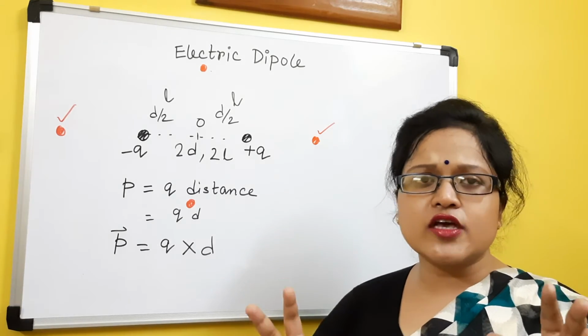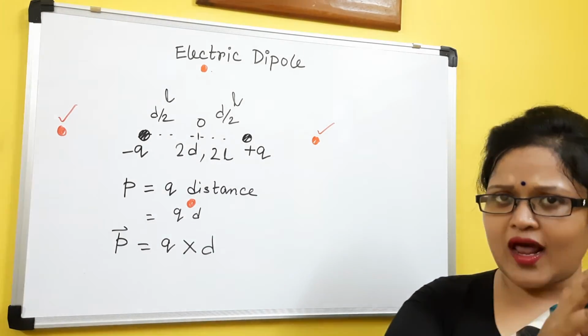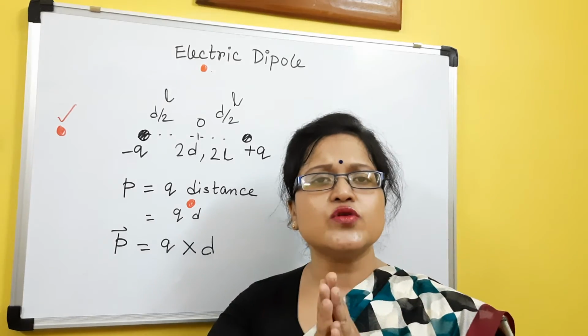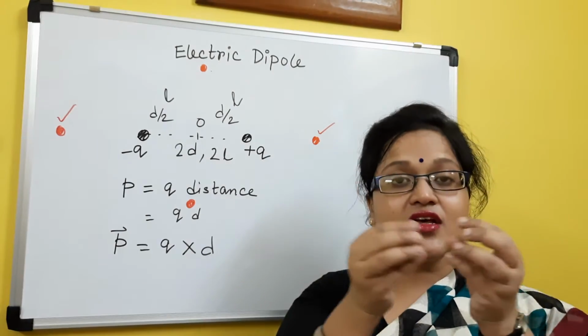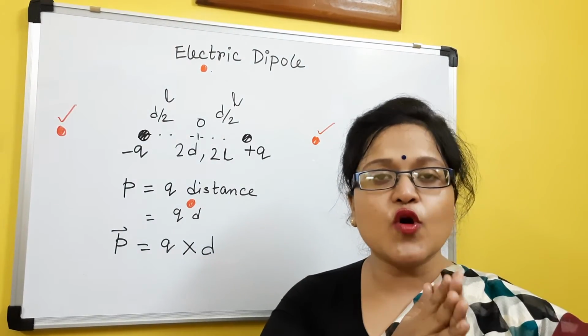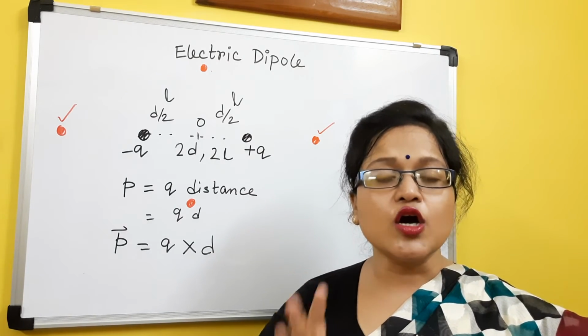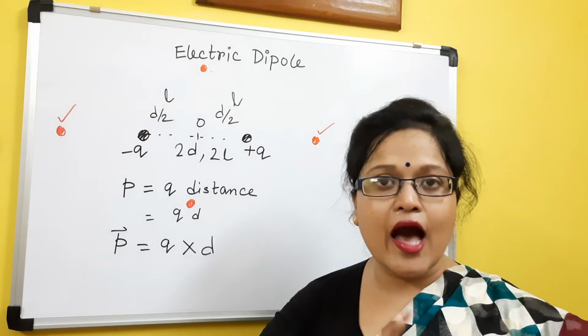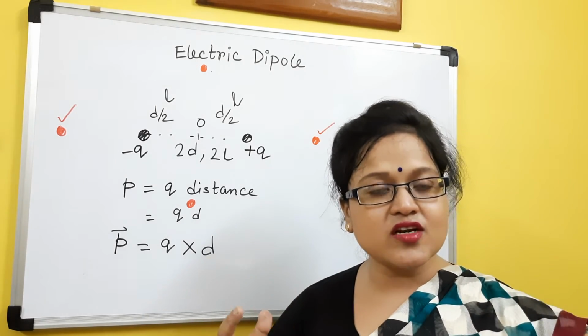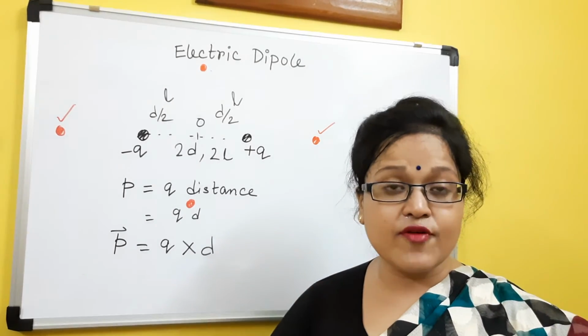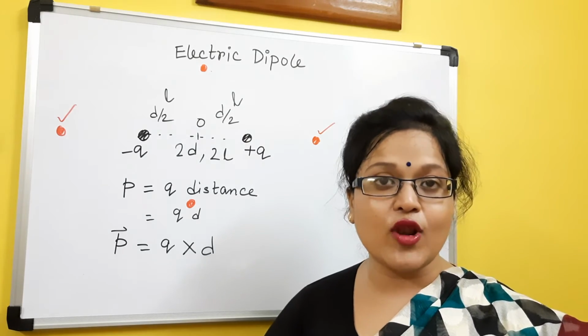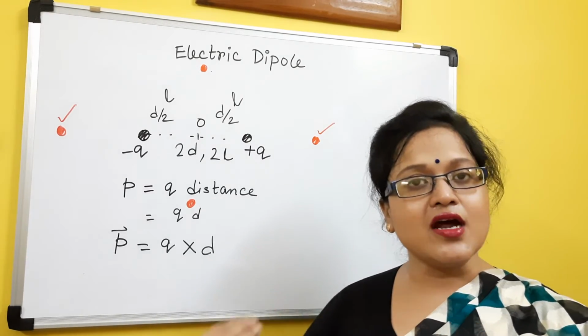So this kind of thing, where plus q and minus q are situated in the same system, staying a small distance apart, behaves as two poles. So what will happen? It is a pole, means there is an electric charge. What is the effect of this kind of polarity? That is the part of our discussion.